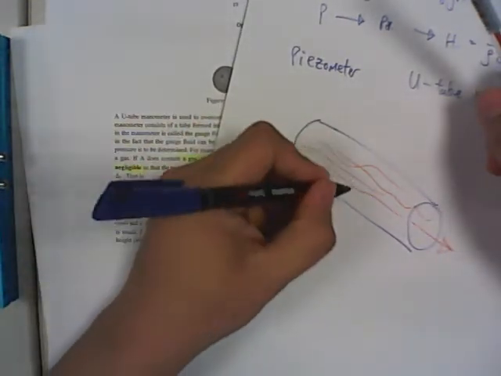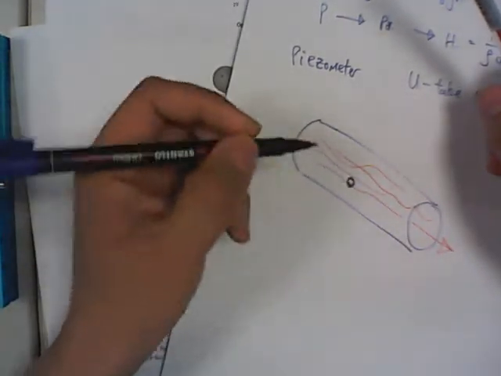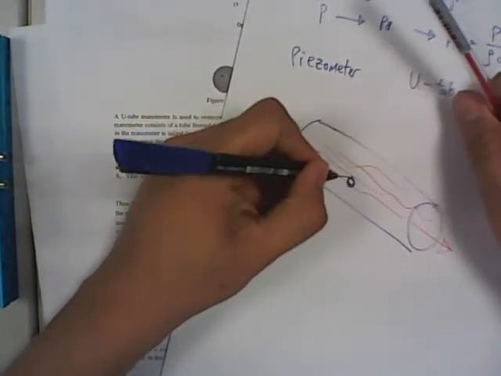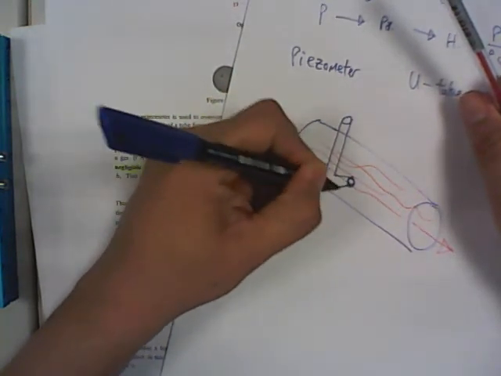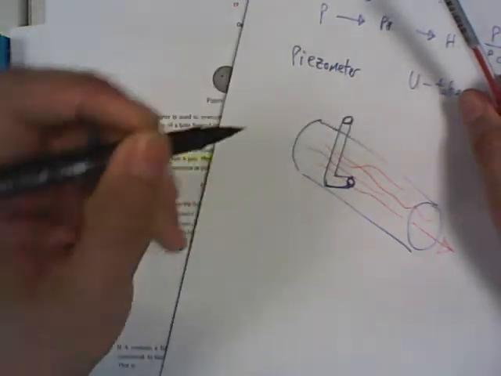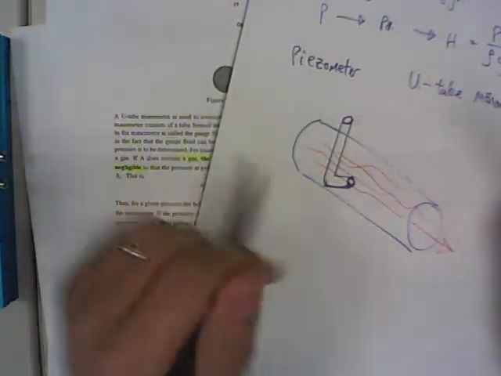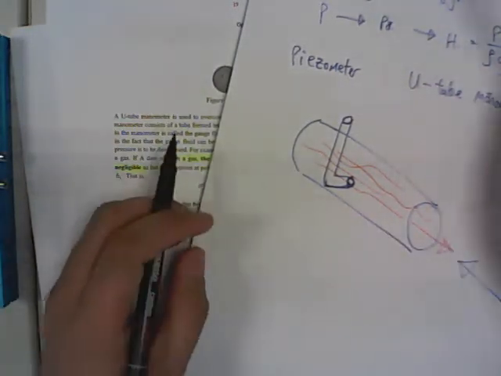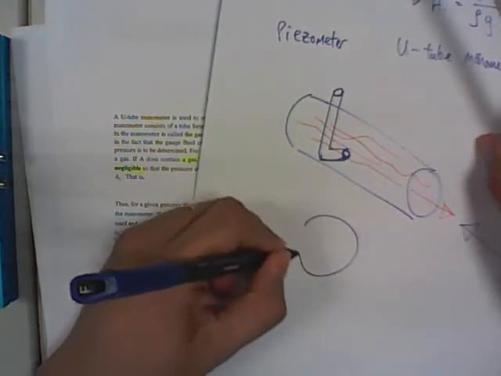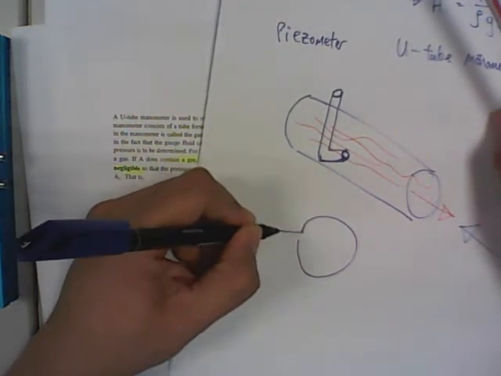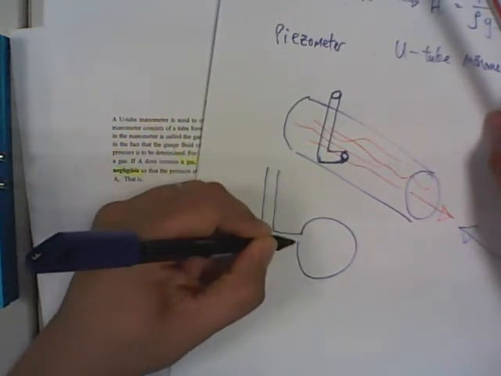What if you drill a hole here and you chuck in some sort of an L-shaped tube? If you see from the front, you will get what is shown in figure 1-6. This is the circumference of the pipe, and you get a tube coming out like this.